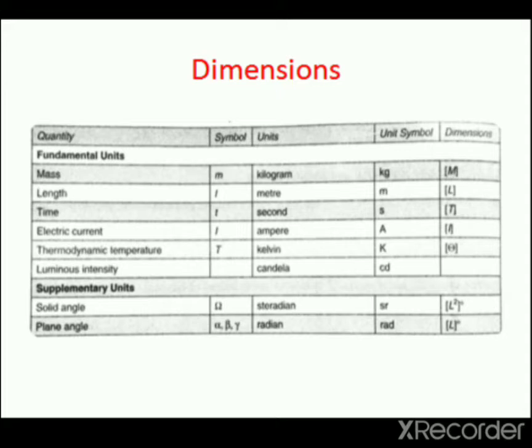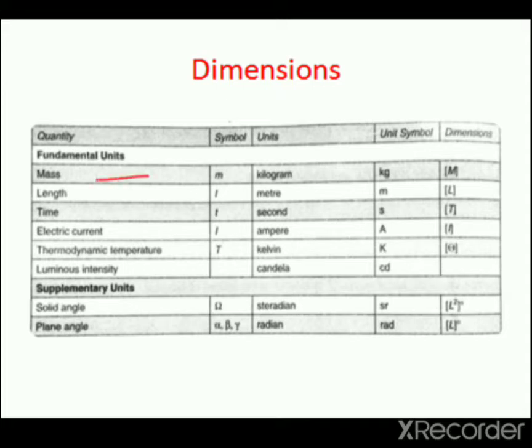For example, first here we will see this one. These are the fundamental quantities: mass, length, time, and so on. The symbols given for mass is m, for length L, T is for time. For that, units are mentioned.